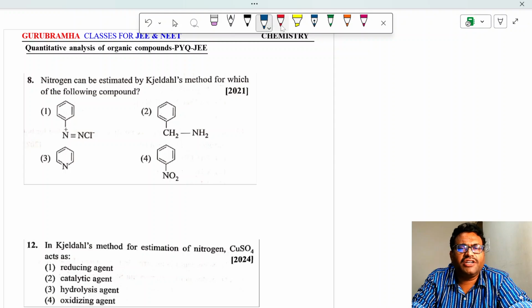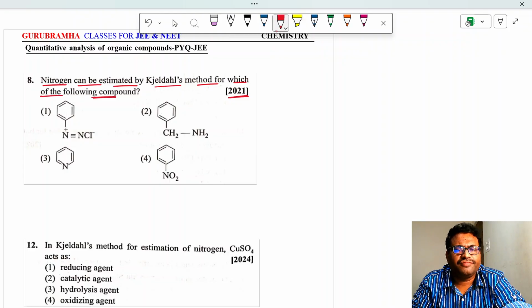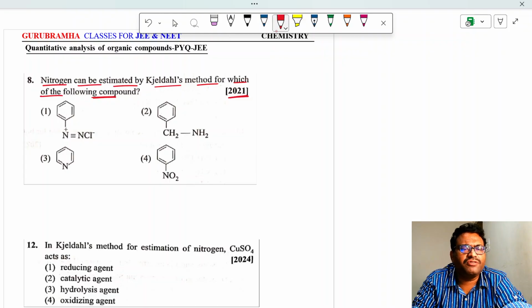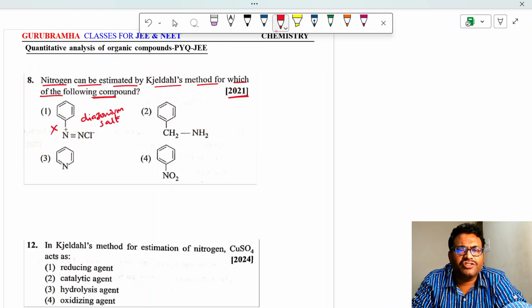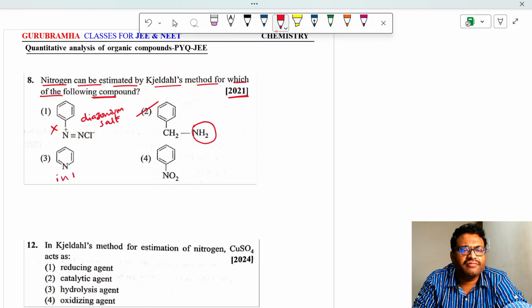Next question asked in 2021. Nitrogen can be estimated by Kjeldahl method for which of the following compounds? Normally we have seen this is a diazonium salt, so it's not possible here. Here it is not nitro, it is not nitroso, it is not diazo, nitrogen is not present in the ring, so you can estimate here. Here nitrogen is in the ring, so not possible.